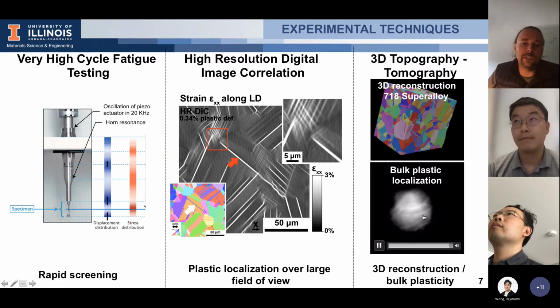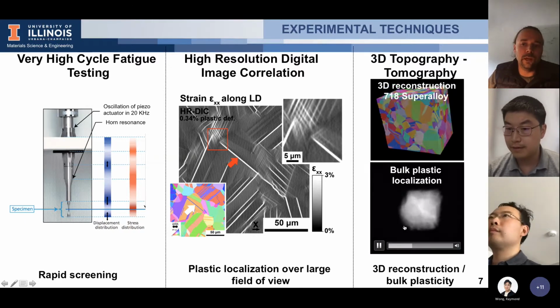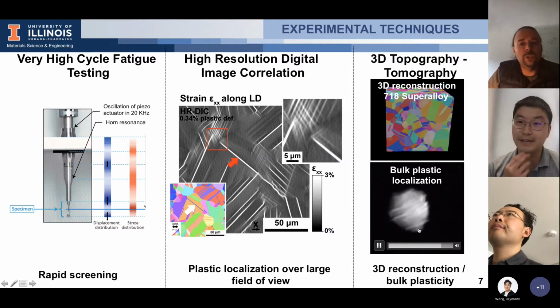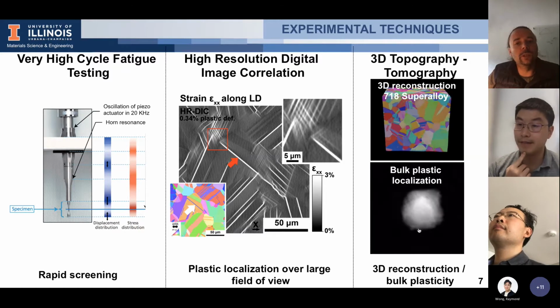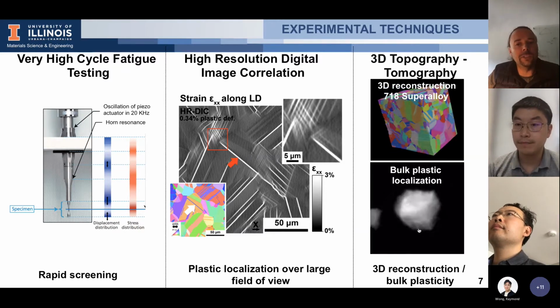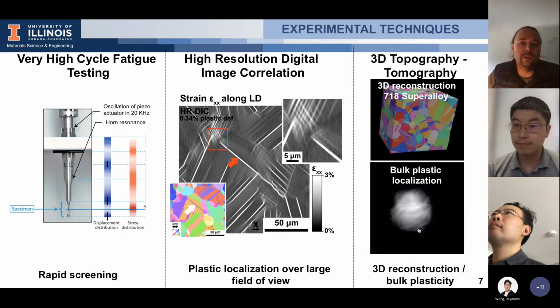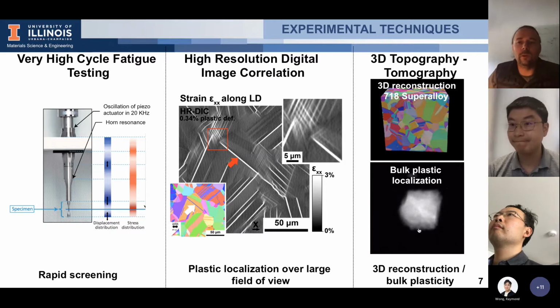So you can see here it's a grain inside the bulk, and in some of the views you can capture the slip event. But one of the issues is that it's not quantitative. So you can see the slip event, but you cannot quantify. And now they are trying to do this in a quantitative manner. So we are going in this direction for sure.